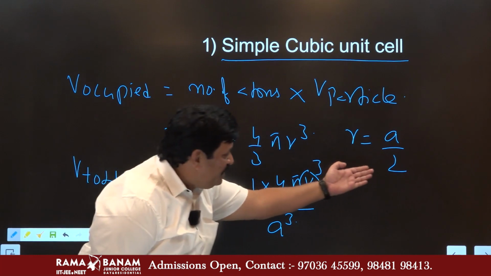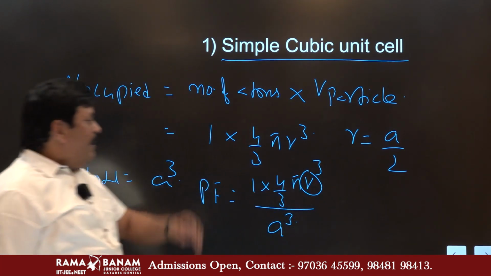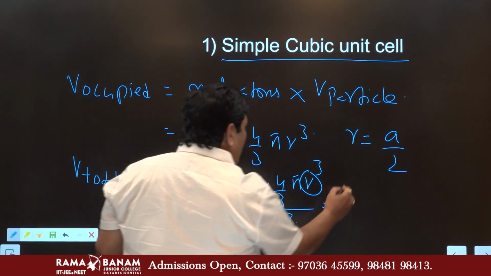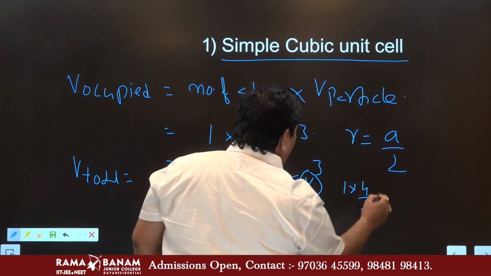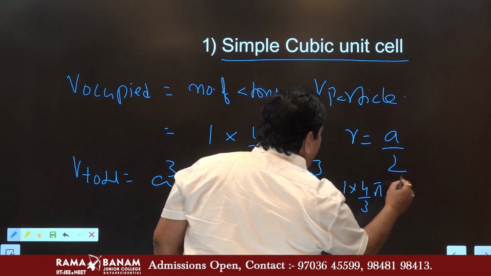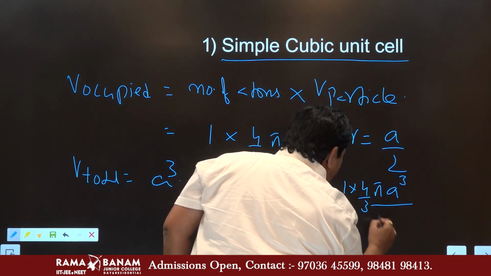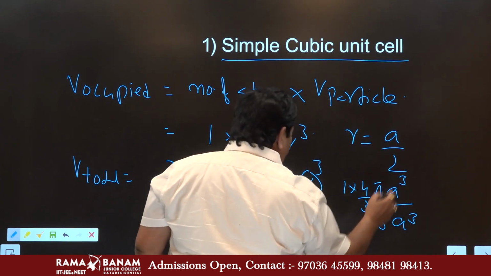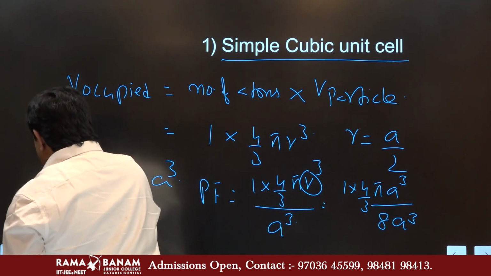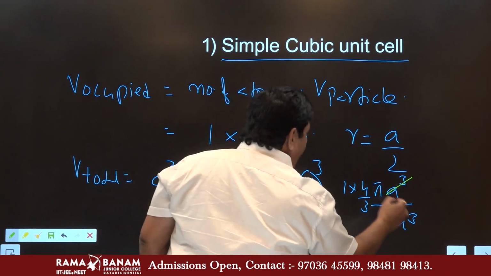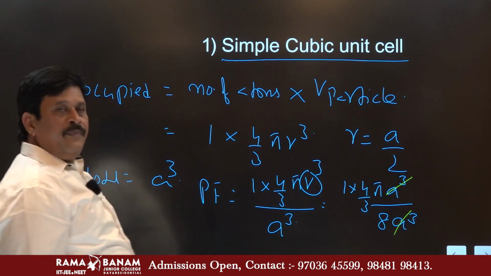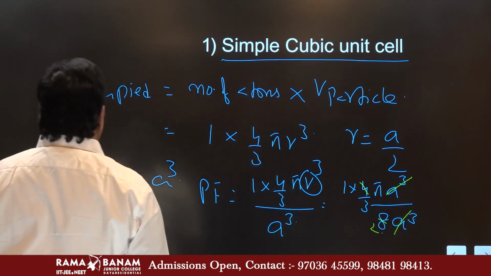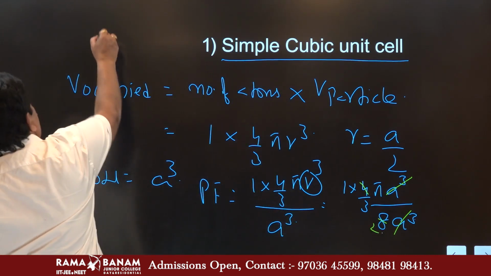Now I will substitute a by 2 in place of r here. So what is packing fraction? 1 into 4/3 pi r cube means a cube by 8, and the volume of the cube is a cube. We can cancel this a cube. This is 2 times. So packing fraction in simple cube is pi by 6.